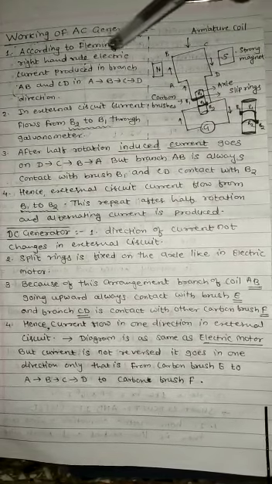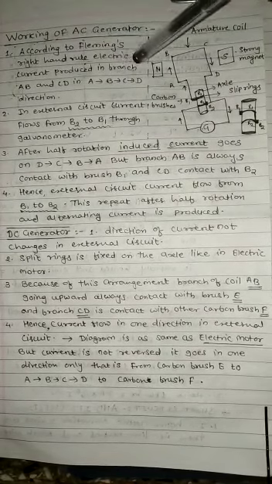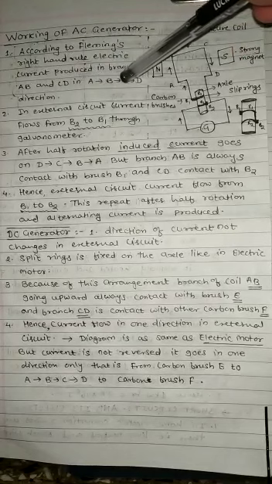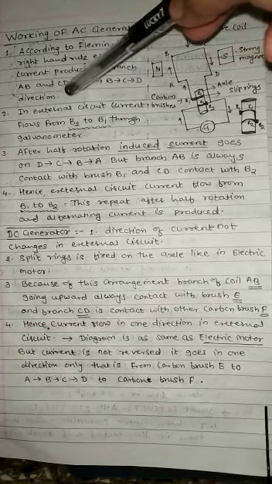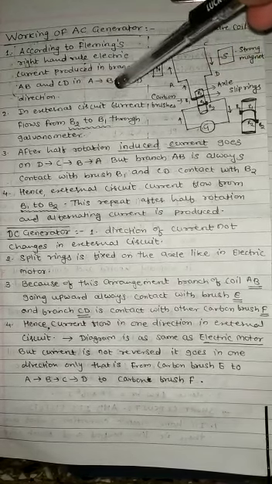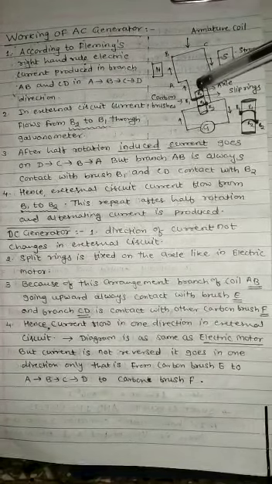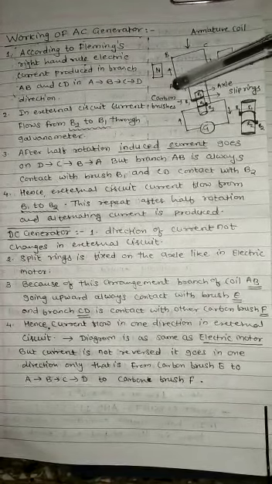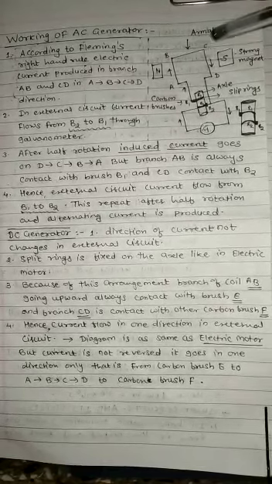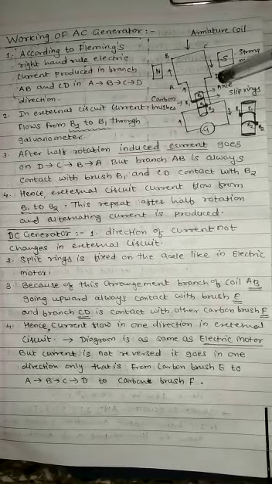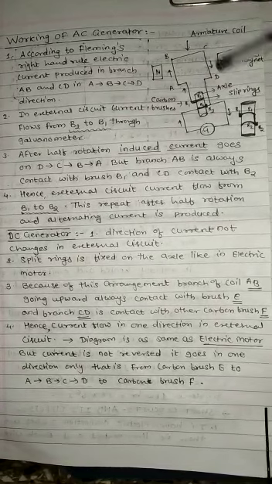So according to Fleming's right hand rule, electric current is produced in branches AB and CD in the direction A to B, B to C and C to D. Look at the diagram, the current is produced from A to B, B to C and C to D in this direction.